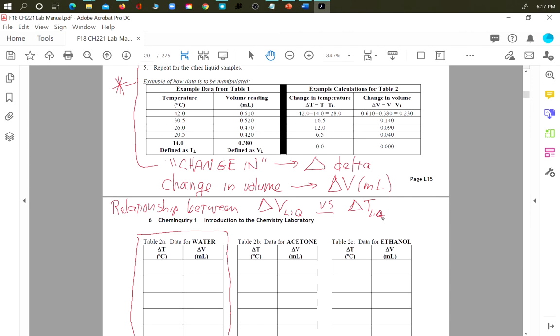So here we've got the makings of a correlational graph. How does one variable change with another variable? So again, the volume of the liquid versus the temperature of the liquid. So we don't just want to know what's the volume at this temperature, what's the volume at that temperature.